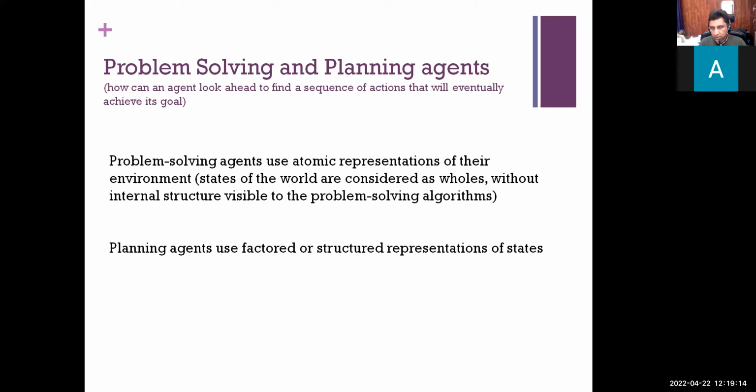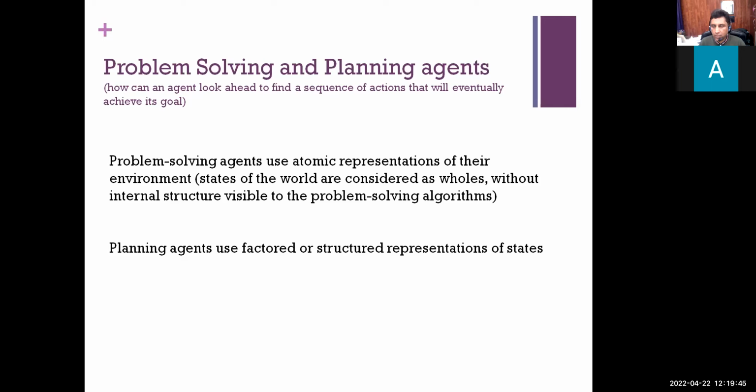So as is written in the first point on this slide, problem-solving agents use atomic representations of their environment. So for example, if you have a chessboard, atomic representation would mean here, can somebody give an atomic and factored representation of a chessboard? Just do it for me. I've just defined broadly what is an atomic representation and what is a factored representation.